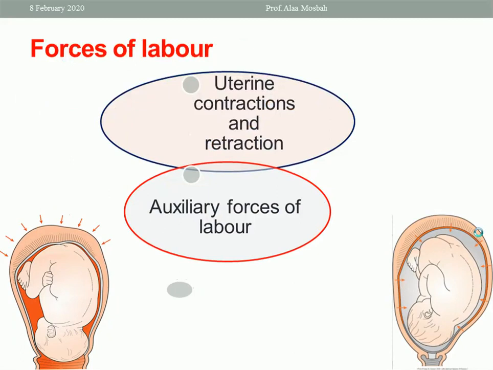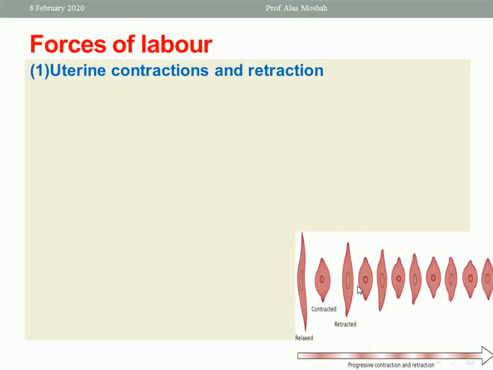What about the forces of labor? We have uterine contractions and retraction and auxiliary forces of labor. What about the uterine contraction and retraction? As you see in the picture, the uterine muscle wall characteristically has a property of being retracted after contraction.